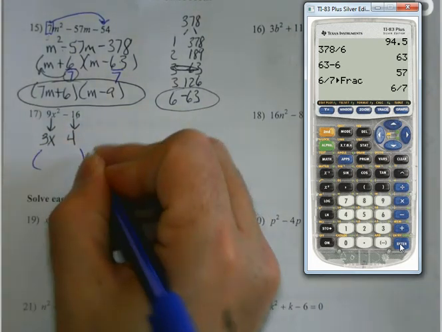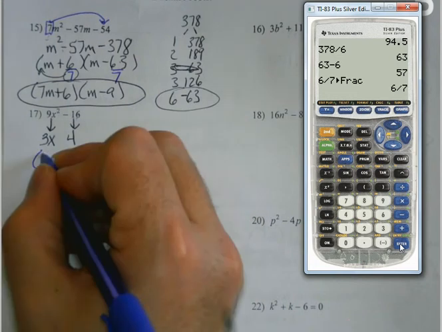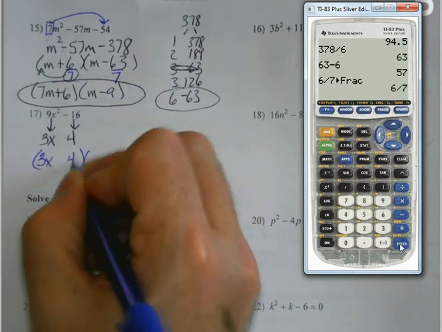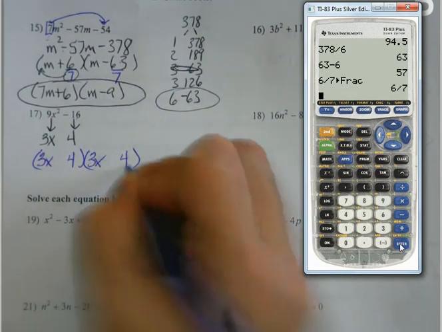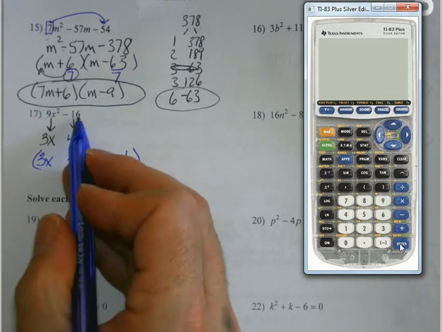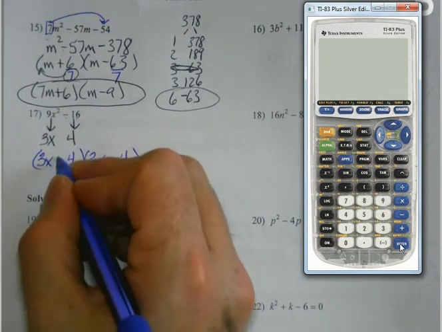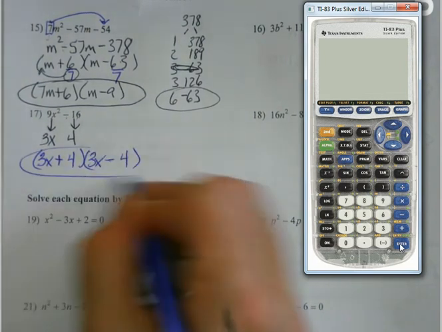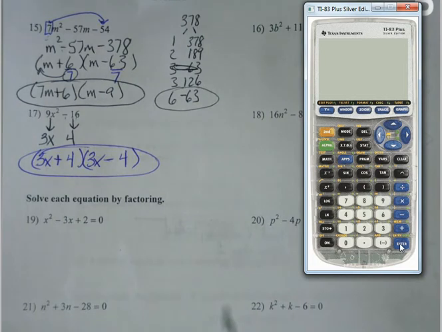And remember with difference of squares, it's 2 sets of parentheses, same values, but since I want the 16 to multiply to a negative, I got to have one of each sign. And I'm set. Don't make life harder than it has to be.